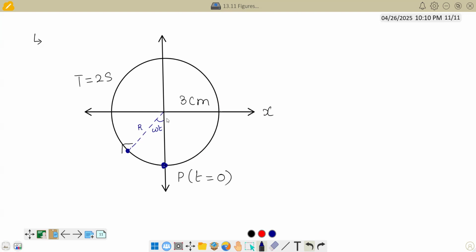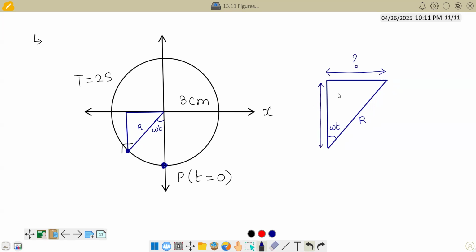Based on that logic, if this is omega t, if I draw a line here, I can see a triangle forming. In this triangle, this angle would be omega t, and this is my r. This represents the x part, this represents the y part.